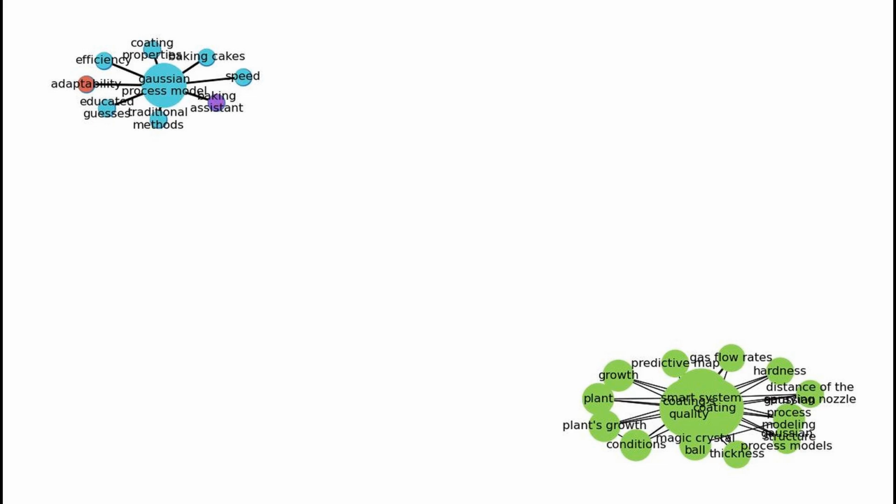The Gaussian process models take all this information and create a smart system that learns from past experiences. It builds a predictive map that tells us how changes in one factor could influence the coating's quality, like thickness or hardness. One key advantage of using this approach compared to traditional methods is that it allows for a more efficient exploration of possible settings.